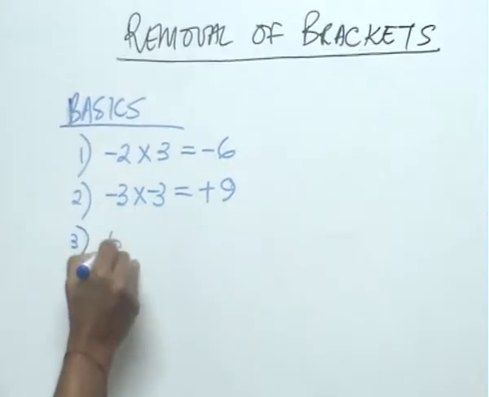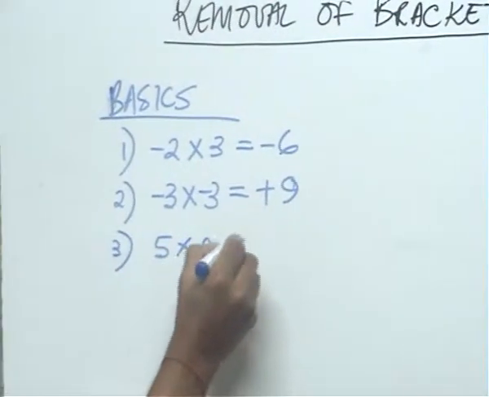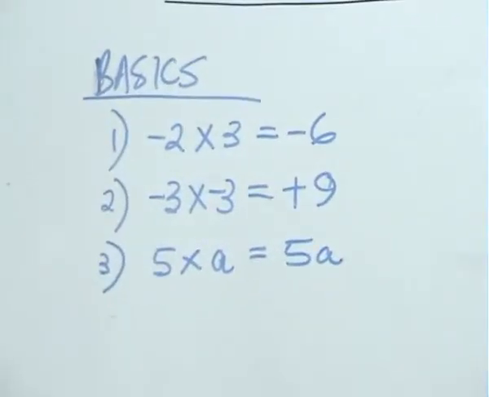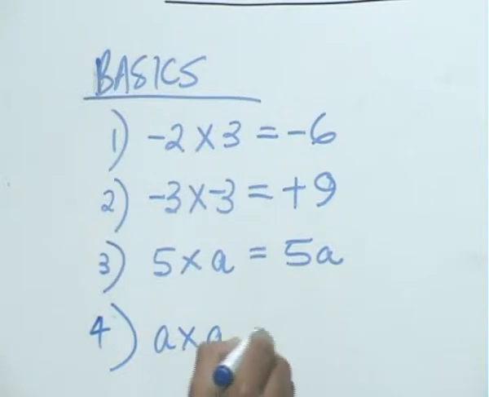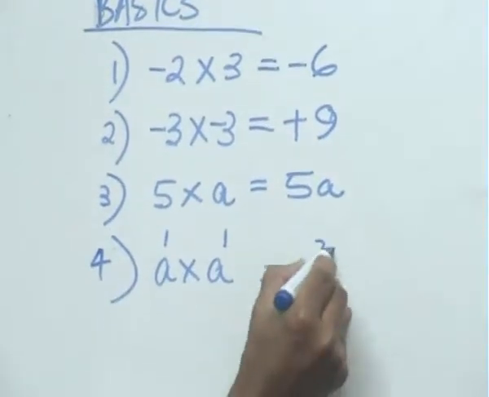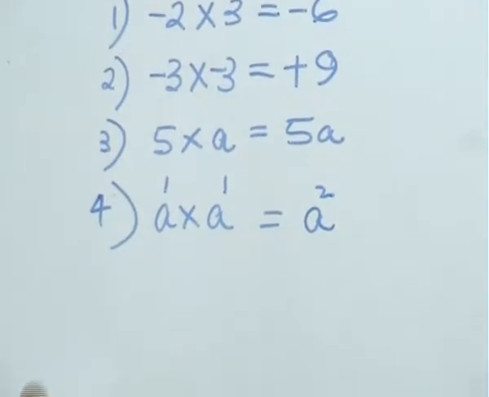Then you must know that 5 times a, the answer is just 5a. Right? Then you must know that a times a, well, the index is 1, therefore this answer is a squared.